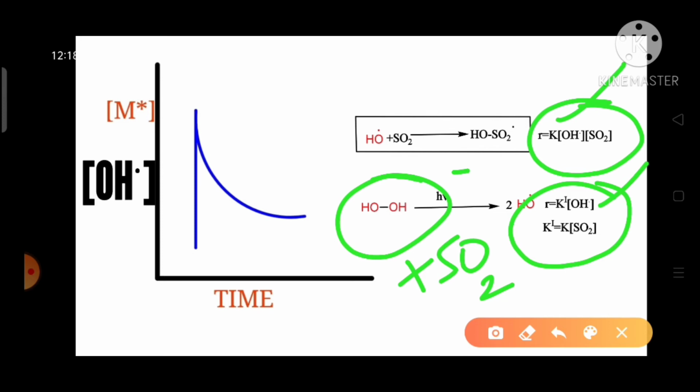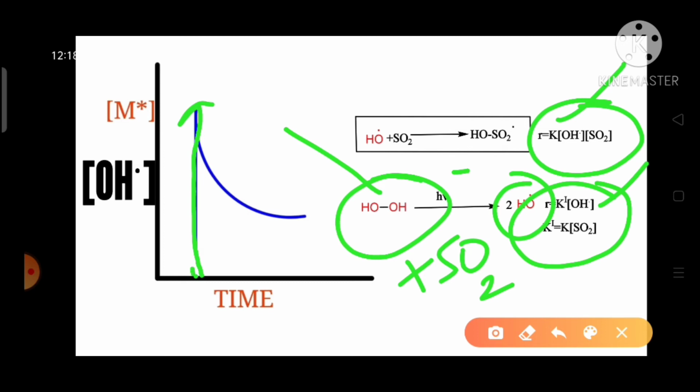When we throw the flash on the hydrogen peroxide, it decomposes and forms the hydroxyl free radical. Within a small time a large amount of hydroxyl radicals are created, so we observe a steep increase in the concentration of the hydroxyl free radical.